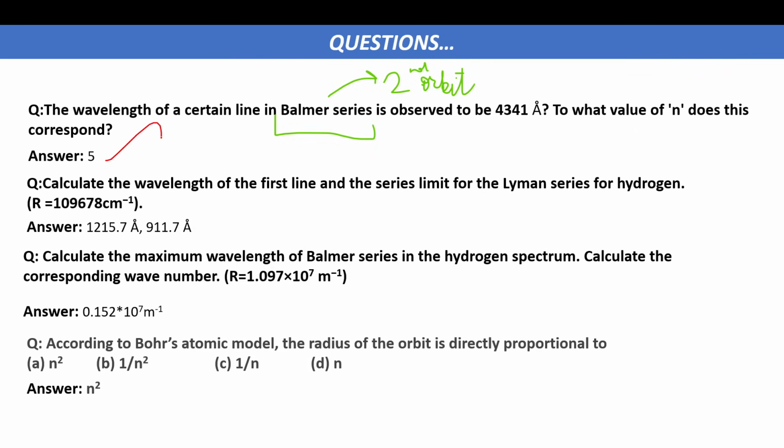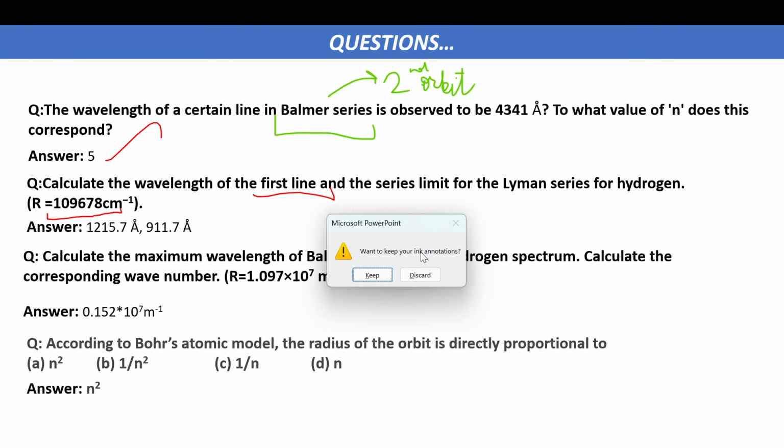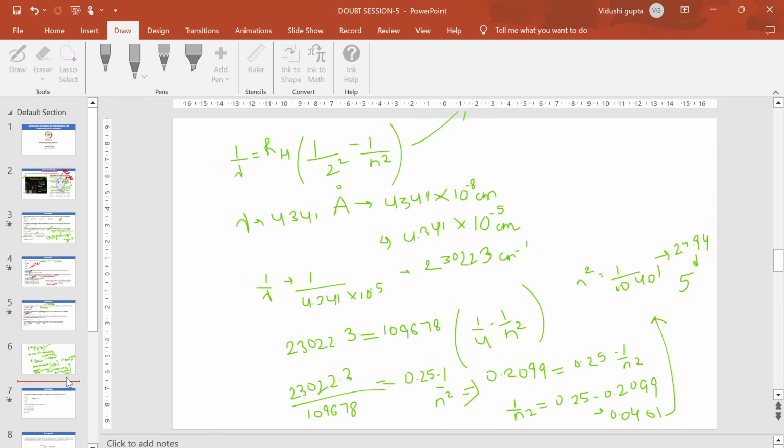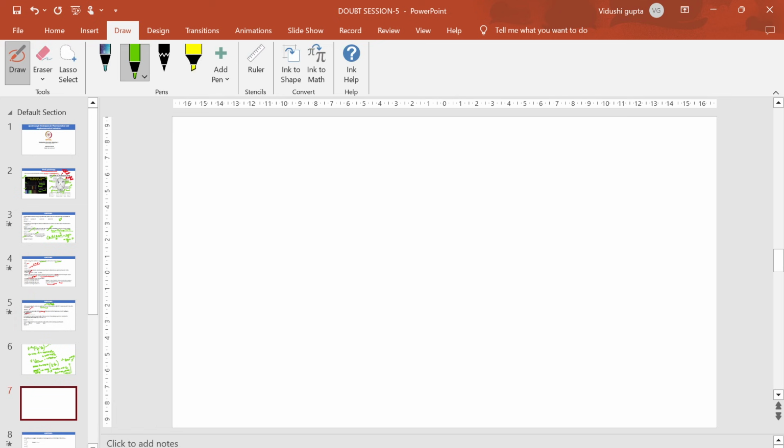Next, calculate the wavelength of the first line and the series limit for the Lyman series for hydrogen. And R you have to use 109678. So first line and the series limit for the Lyman series. Anyone?